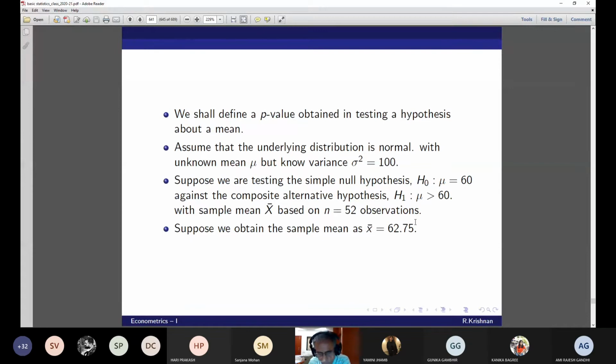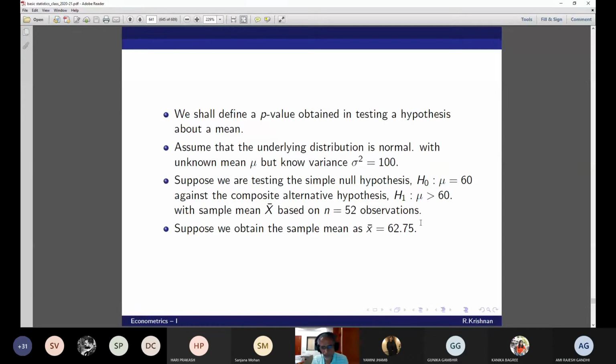So anything in the neighborhood of 60, very close to 60. Say 60.5. 60.5 can be treated to be equal to 60. You think that you don't even need a statistical test to see whether 60.5 can be treated to be equal to 60. Am I right? That's your intuition, correct? Okay.